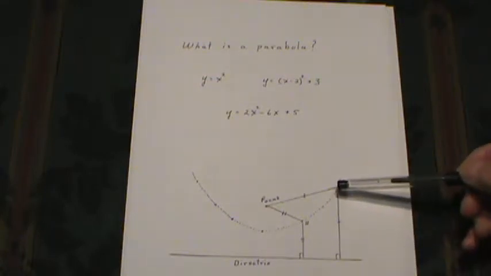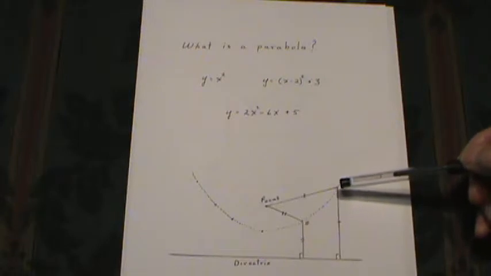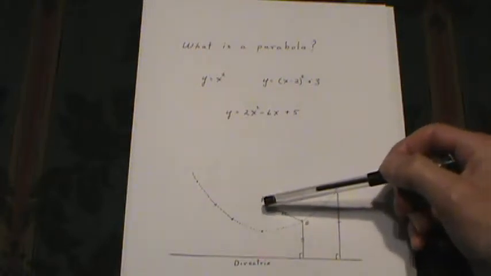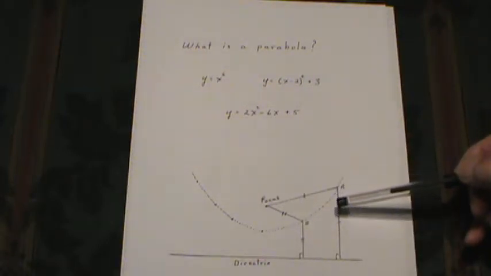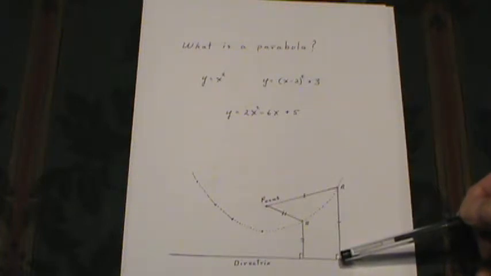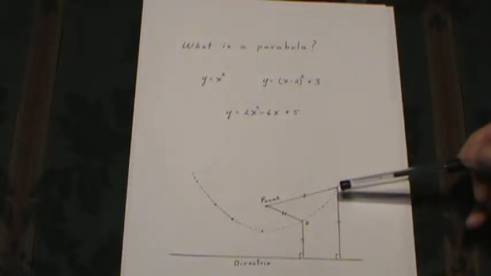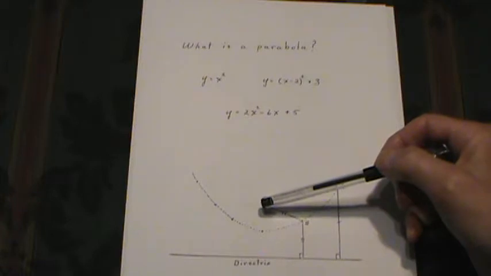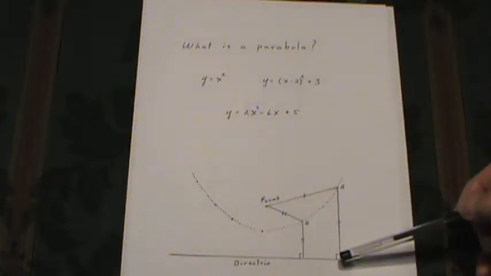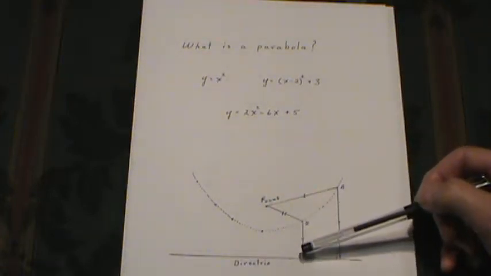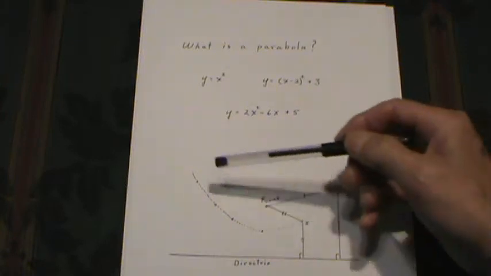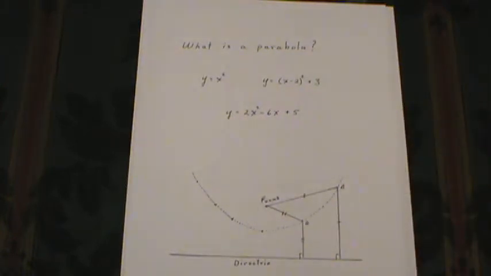Here the distances keep changing, although the distance to the focus and the distance to the directrix are always equal. So the point A is the same distance from the focus as it is from the directrix. The point B, same thing. That's the definition of a parabola.